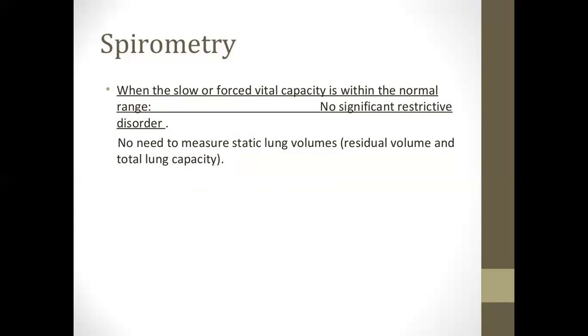When the slow or forced vital capacity is within the normal range, there is no significant restrictive disorder. No need to measure static lung volumes, residual volume, and total lung capacity.